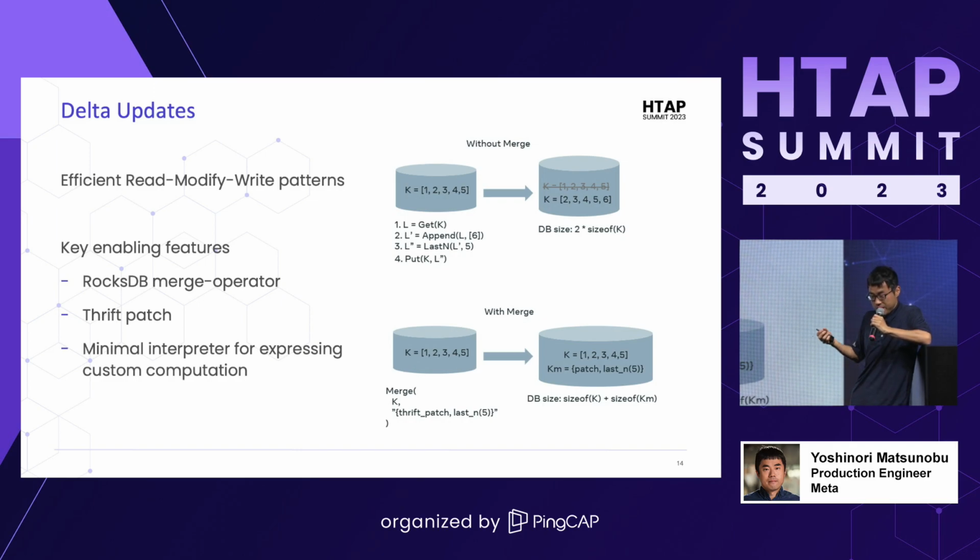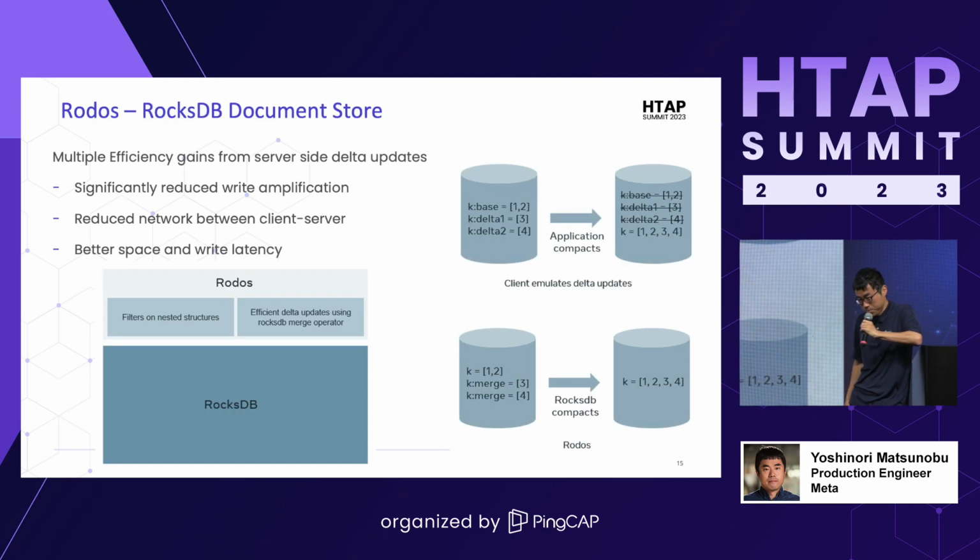And Thrift has a feature called Thrift patch that just stores the delta, the patches. And we store some minimal interpreters for expressing the column computation, like last n 5. So instead of storing the whole values, we just store the deltas and the instructions, the patch and last n. So this is what we call delta update, optimizing the write amplification.